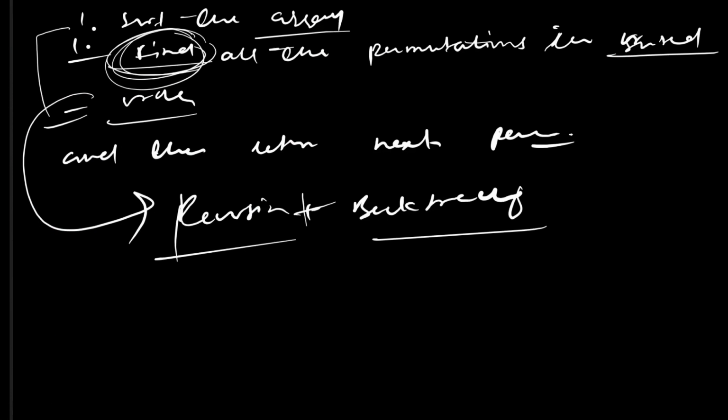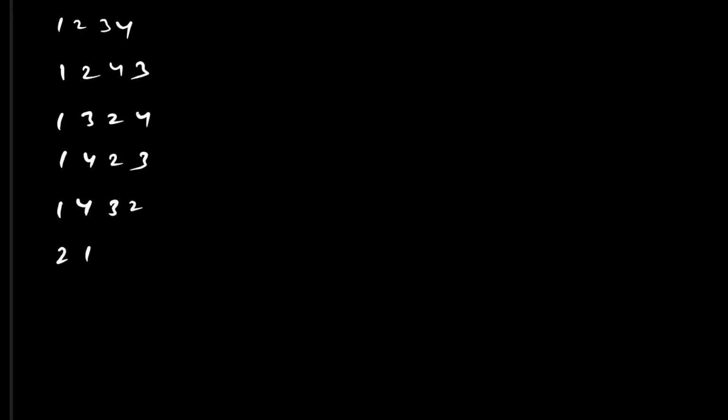Let's write the permutations of different numbers, something like 1 2 3 4. What will be the permutations of these in sorted order? The first permutation will be 1 2 3 4, the next one will be 1 2 4 3, the next one will be 1 3 2 4, and then 1 4 2 3, 1 4 3 2, 2 1 3 4, 2 3 1 4, 2 3 4 1, 2 4 3 1.